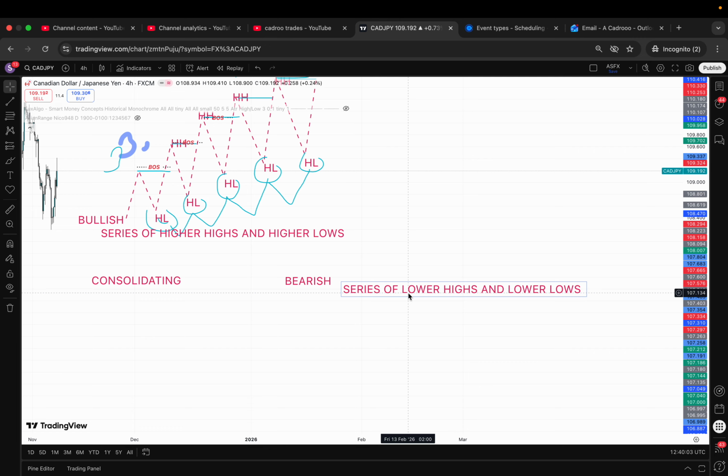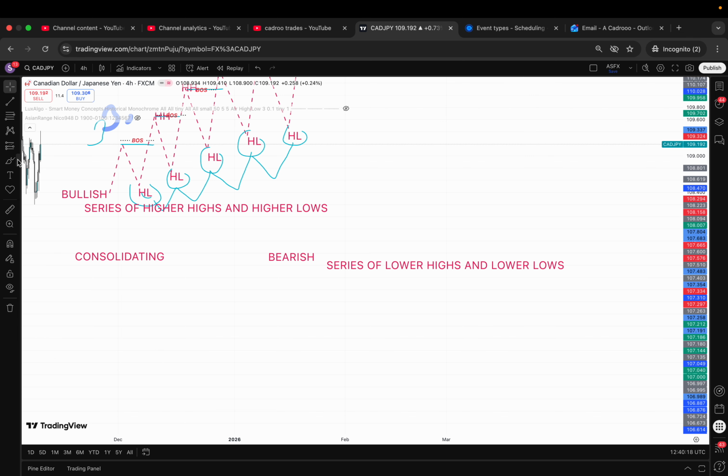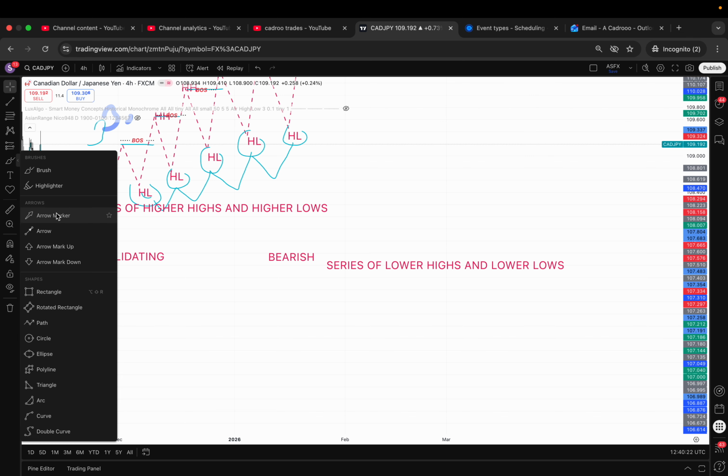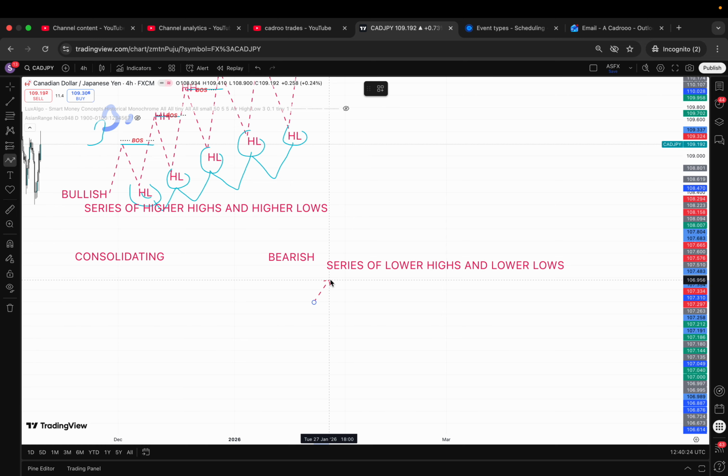A bearish market means sellers are in control and price is constantly moving downwards, and every attempt by buyers to push it up fails earlier than before. So let me just quickly illustrate this. My path tool here.